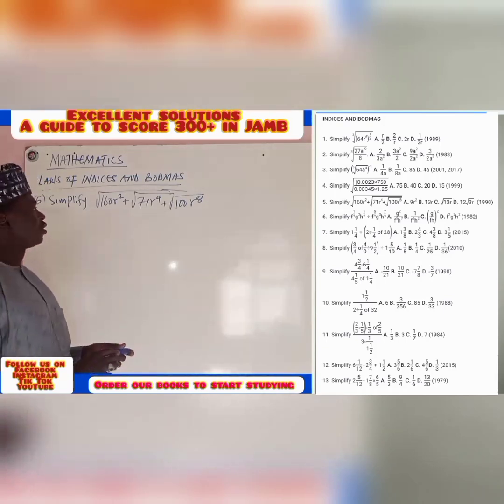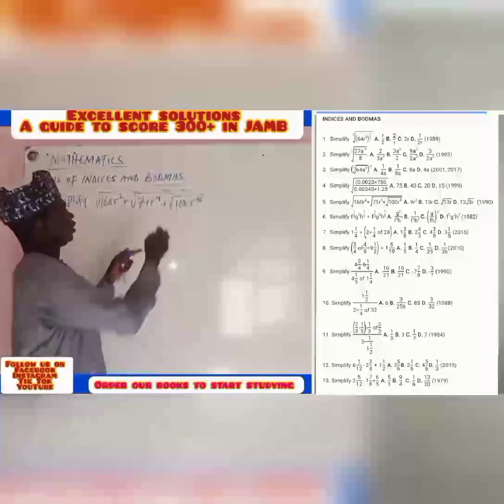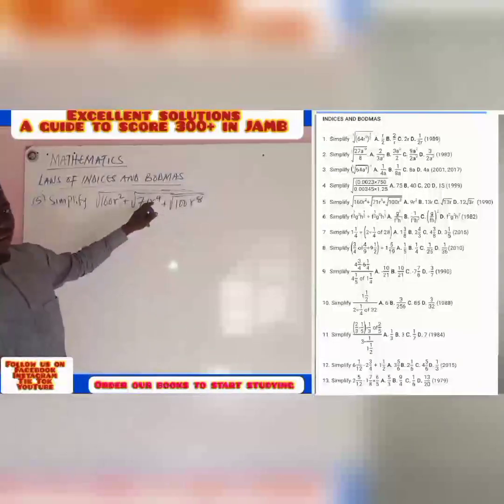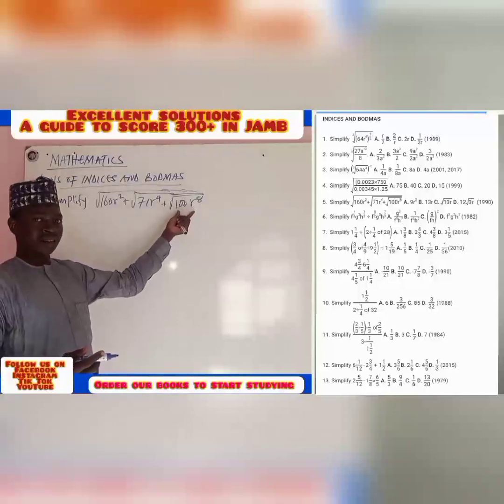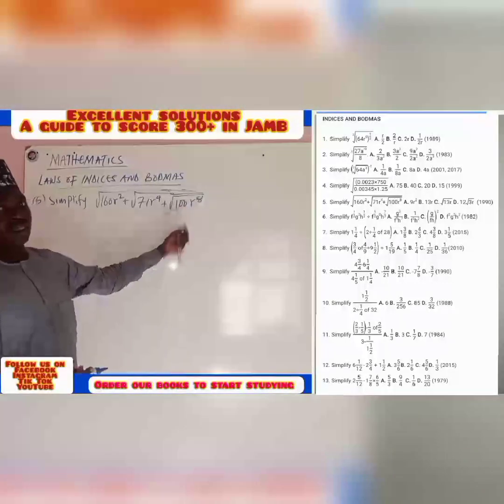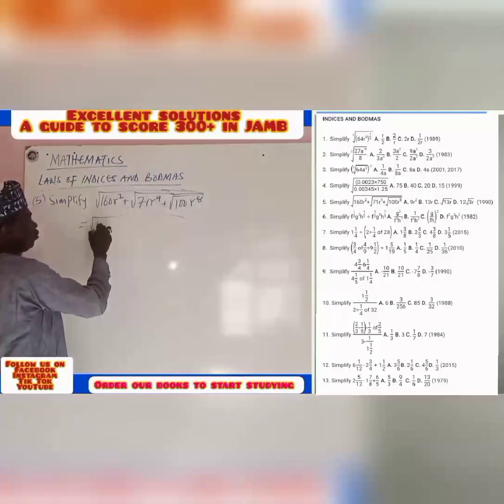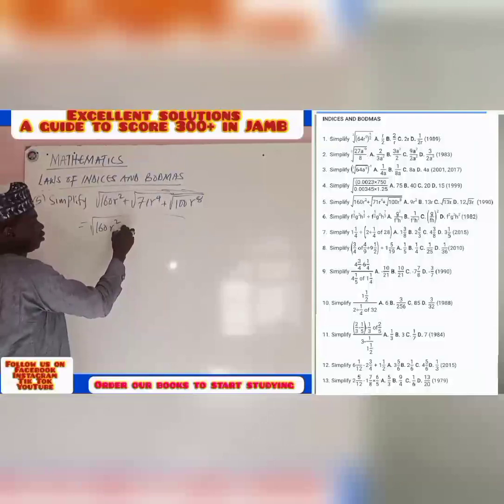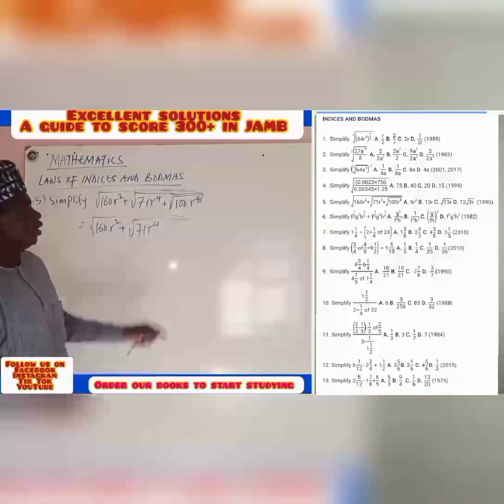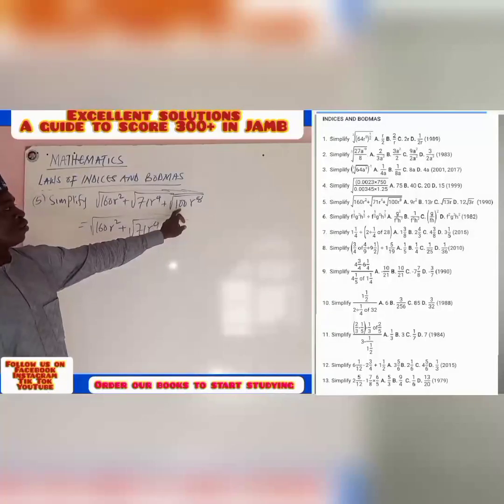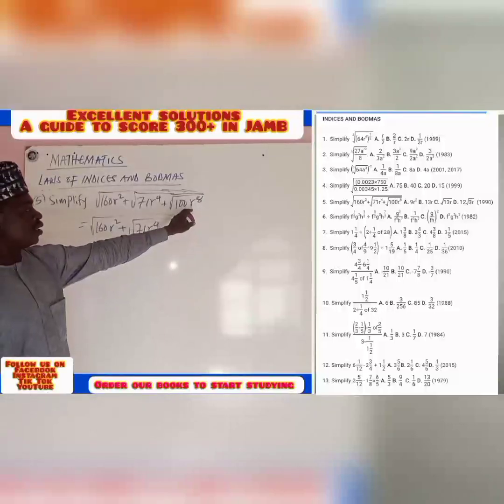So one thing that we need to look at here is that all of these are under this first root, and this third root is under this first root. So the first thing that we need to start doing is how we can remove this square root that is here. So this will now be equal to 160r square plus 71r to the power of 4. Then this 100, square root of 100 is 10, and the square root of r to the power of 8 is r to the power of 4.